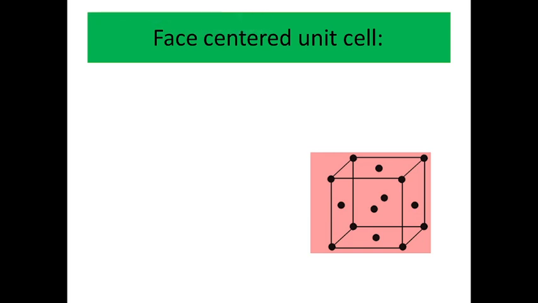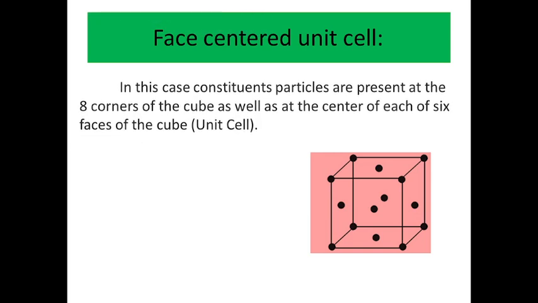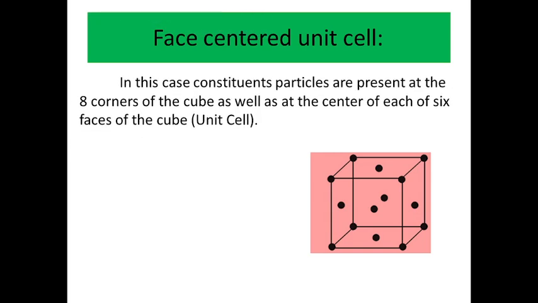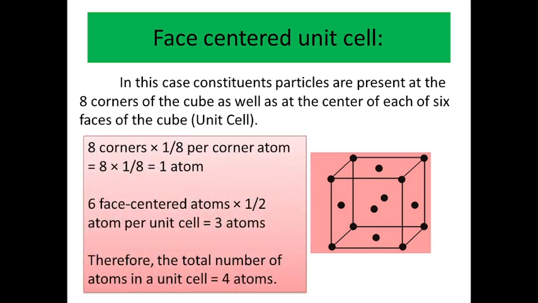Face centered unit cell. In this case, constituent particles are present at the 8 corners of the cube as well as at the center of each of the 6 faces of the cube. There are 8 corner atoms which are shared with 8 unit cells, so that is 1 atom.